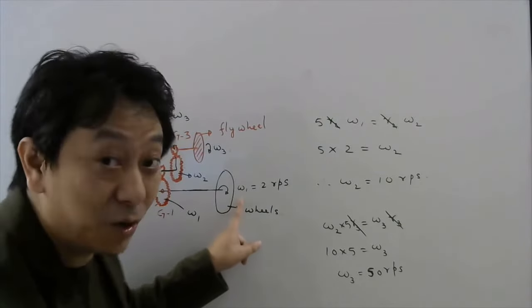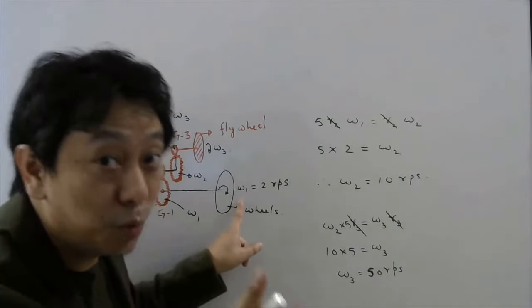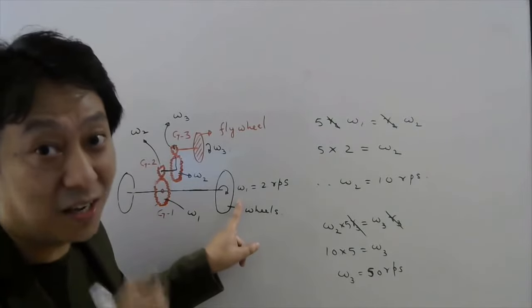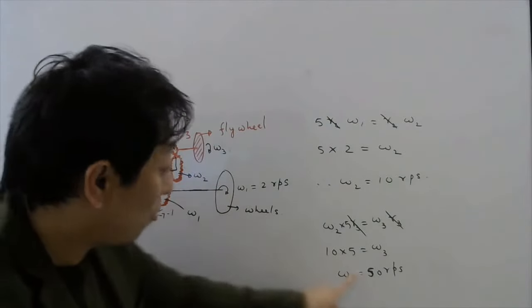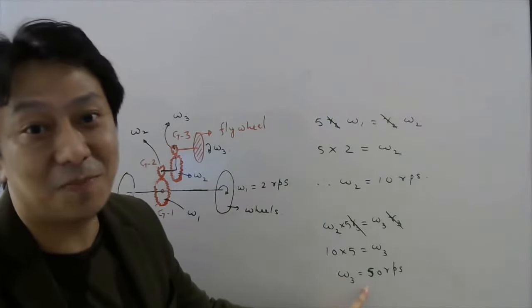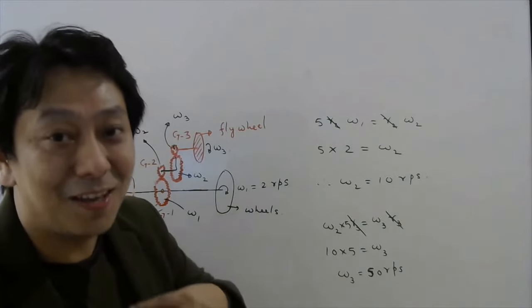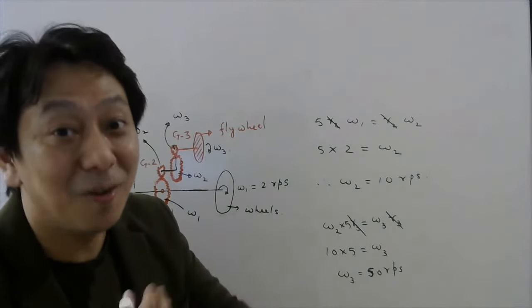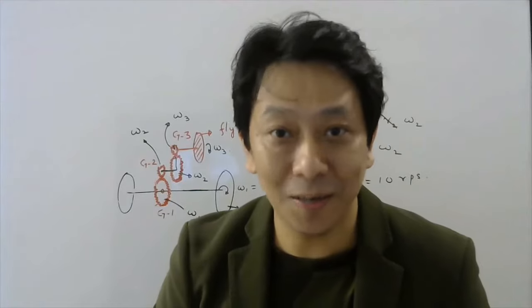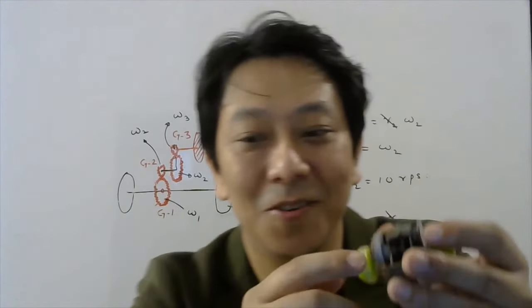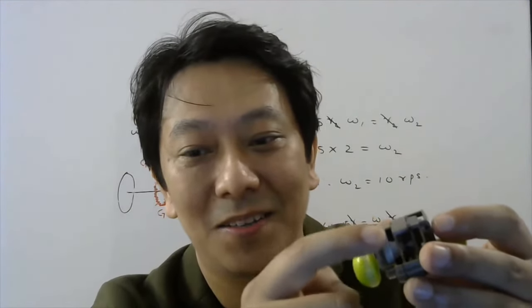So a rotation of 2 rotations per second is converted to how many rotations? 50 rotations per second. So that is a huge increase in the angular speed, right? Let me show you the flywheel. So it looks something like this. Okay, this part is called the flywheel. Fine.